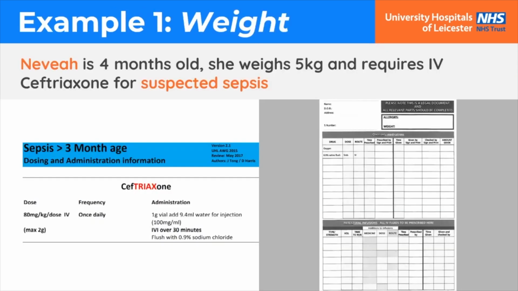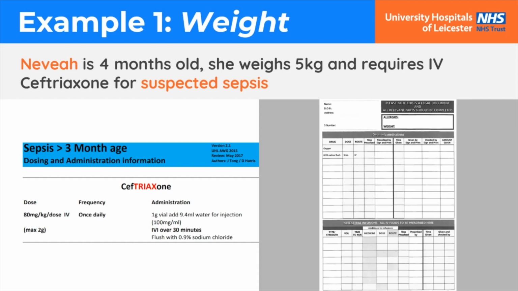So if we run through some really basic examples, on this occasion let's look at weight-based prescribing, and let's take Nevaeh, who is 4 months old. She weighs 5 kilos and she requires IV ceftriaxone for suspected sepsis. The dose can be found in multiple places, the easiest being the sepsis grab box, which contains all of the drugs needed as well as the guidance on how to prescribe it and administer it.